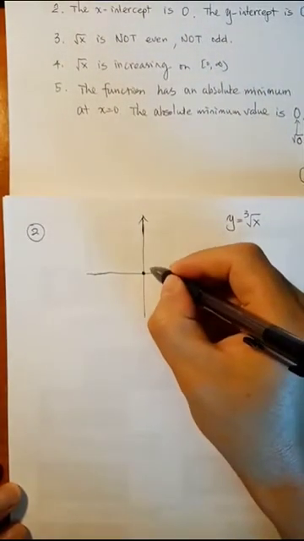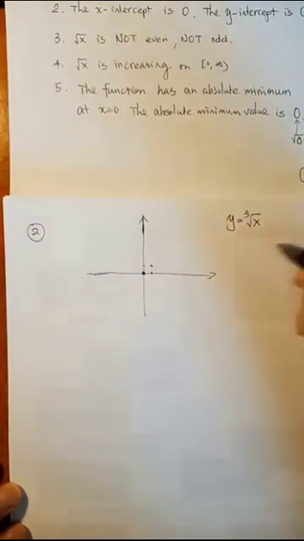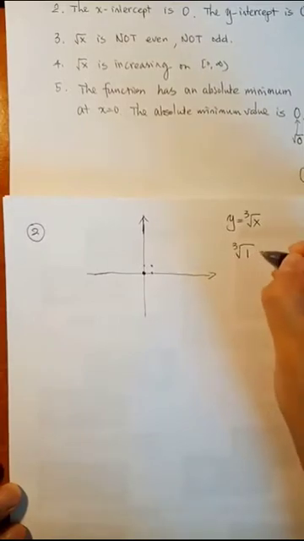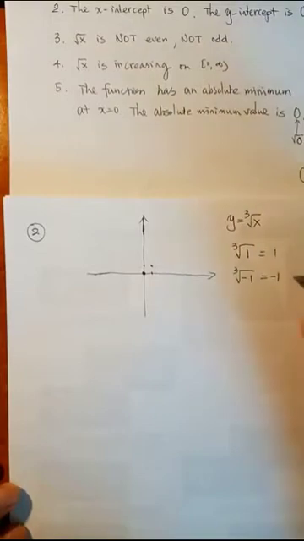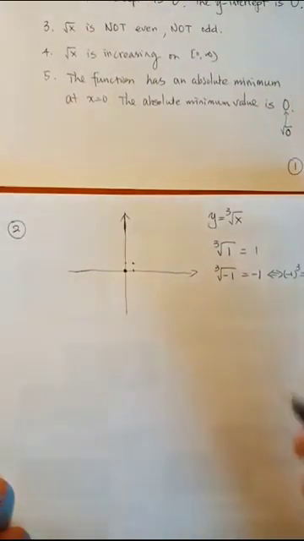For 1, cube root of 1 is 1. And the cube root of -1 is -1. This is because -1 cubed is -1. Okay, so the cube root is the inverse function of a cube function.